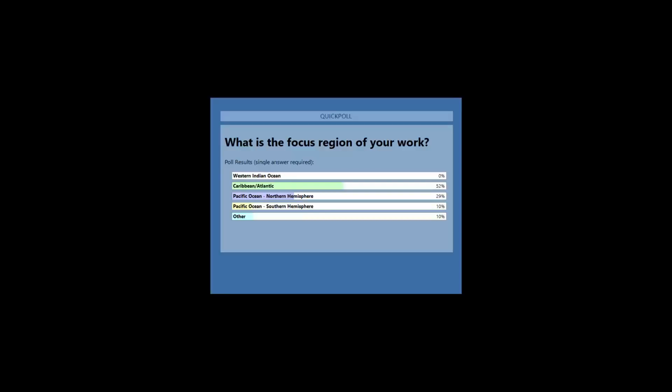Great, so about half the people are from the Caribbean and Atlantic, followed by the Pacific Ocean, Northern Hemisphere, and then some from the Southern Hemisphere and other.